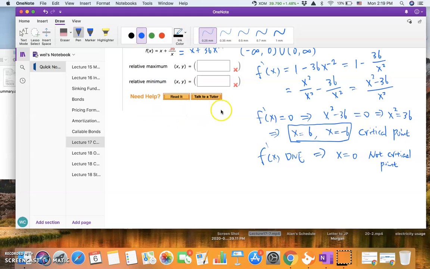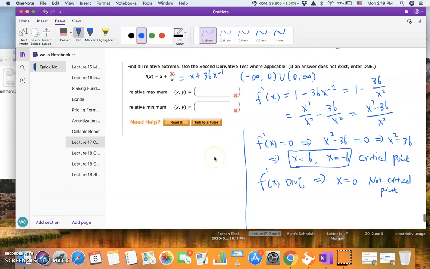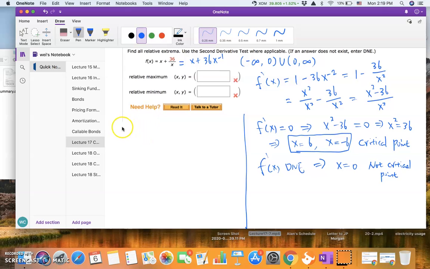Okay, now next, using the second derivative test to determine the maximum and minimum, we need to take the derivative again so we can have the second derivative. So we continue on this part.